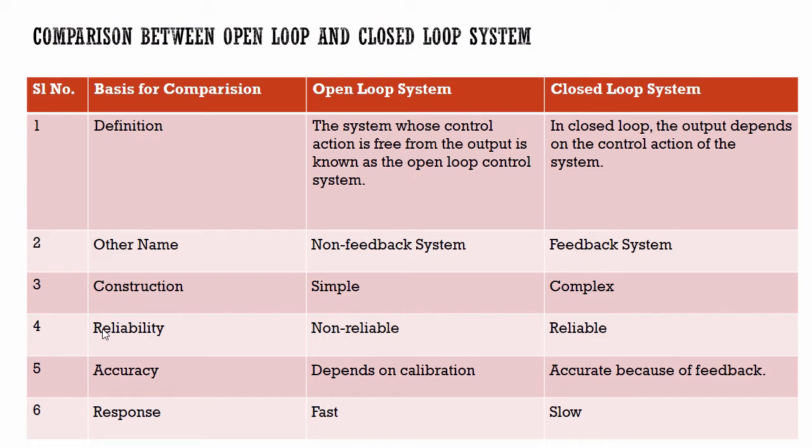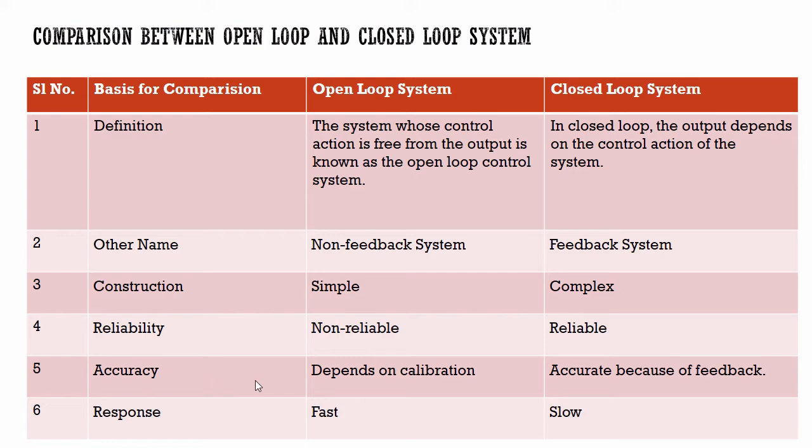For reliability, the open loop system is non-reliable, because until the product is produced, you will not have information on whether the process is happening in the correct direction or not. That is why it is non-reliable. Whereas in the closed loop system, because of the feedback system, the reliability is 100%.